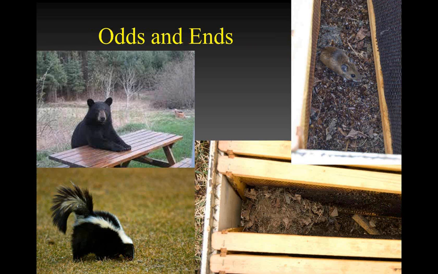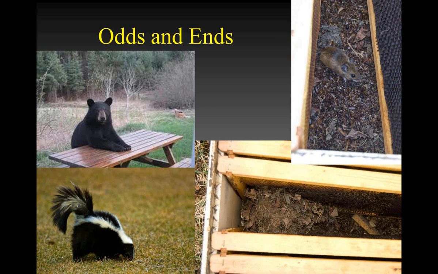And of course there's some other pests out there that are difficult to deal with. Skunks, bears, mice. The best defense against mice, of course, are entrance reducers to prevent them from getting in there in wintertime. Bear, electric fence is your best bet, and putting that fence up before the bear finds that colony, and perhaps even putting it up before the colony is there and baiting the bear in with bacon so that the bear sniffs that bacon and gets zapped on the nose or tongue, which of course is very, very sensitive.